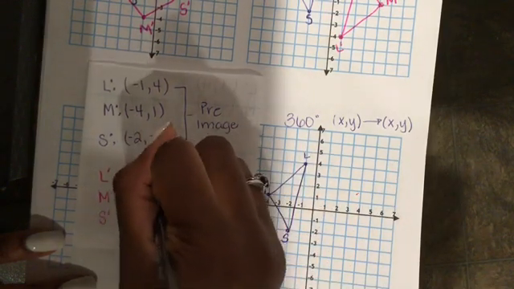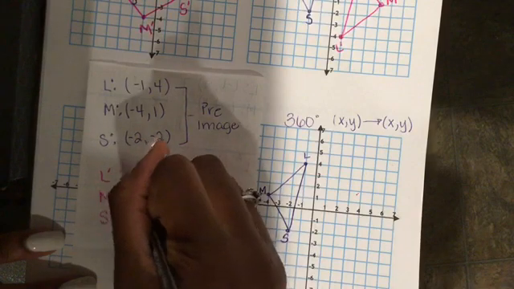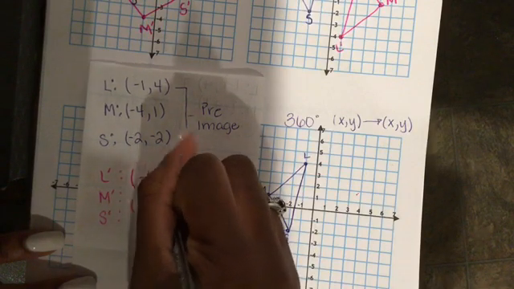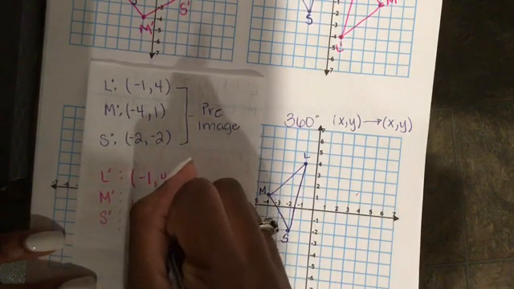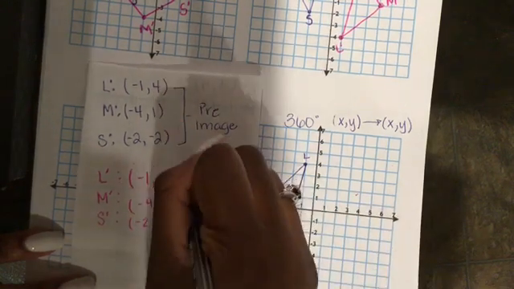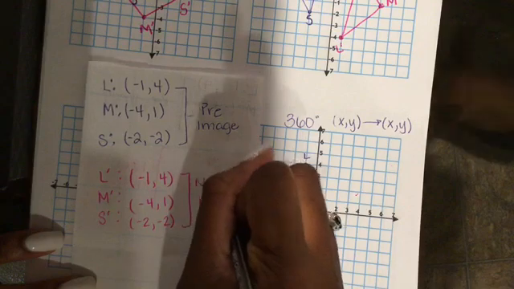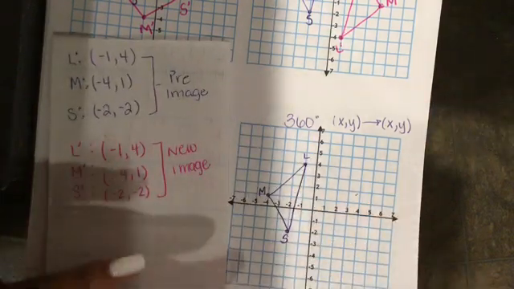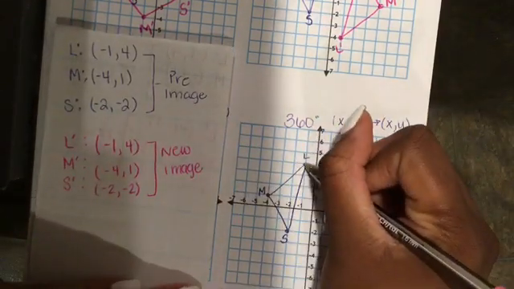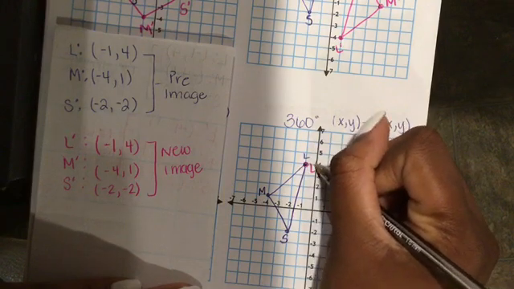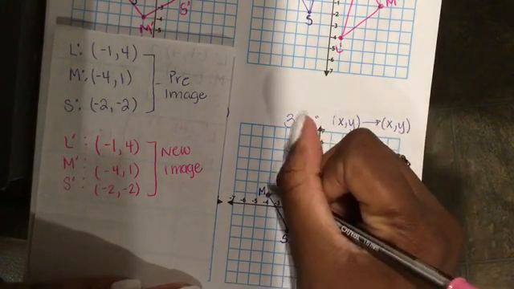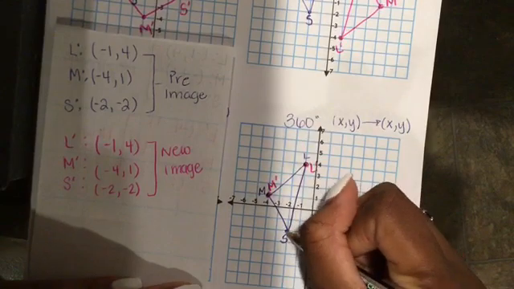So this is still -1, 4. -4, 1. -2, -2. So you're going to plot them. Just L, M, S.